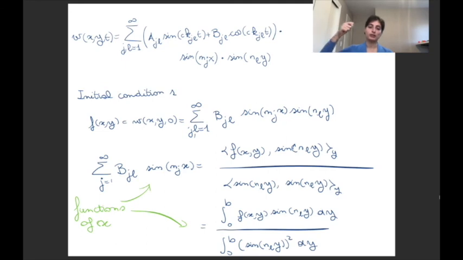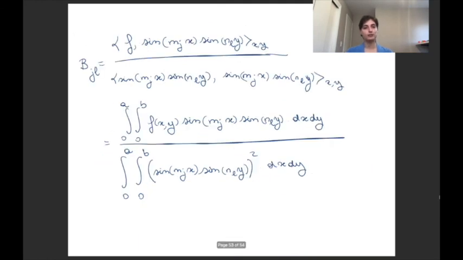And this inner product is the integral from 0 to b with respect to dy. And now that we have written everything out, we notice that our left-hand side and our right-hand side are both functions of x. Not only that, but our left-hand side is an infinite sum of a coefficient times sin(m_j x), that is the eigenfunction of a Sturm-Liouville problem itself. So now we can do the same trick in the x direction.